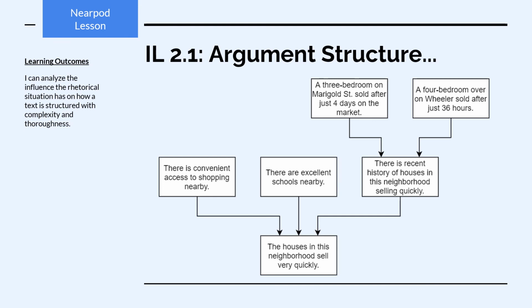And then that premise is supported by the two specific examples we've already looked at. If I wanted to flesh out this argument further, I would of course need to provide some specific examples of that convenient shopping that's nearby, some examples of the excellent schools that are nearby. That kind of thing would help further flesh out this argument and strengthen it.